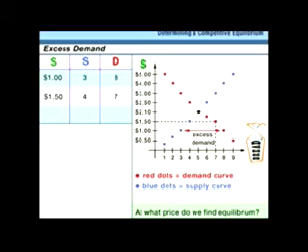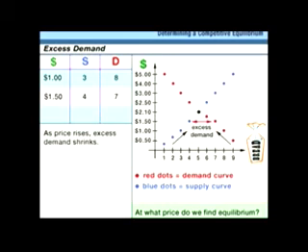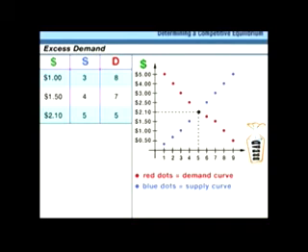Finally, when the price of bread rises all the way up to $2.10 a loaf, the quantity supplied is equal to the quantity demanded. Enough buyers have left the market and enough sellers have entered the market to give us an equality of quantity demanded and quantity supplied. At a price of $2.10 per loaf, the quantity demanded equals 5 loaves of bread per week, and the quantity supplied equals 5 loaves of bread per week.